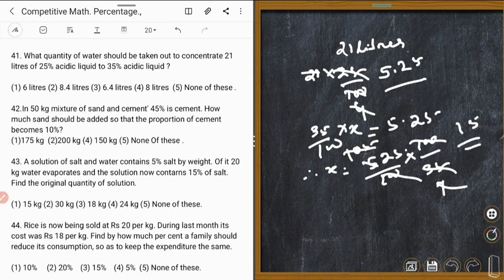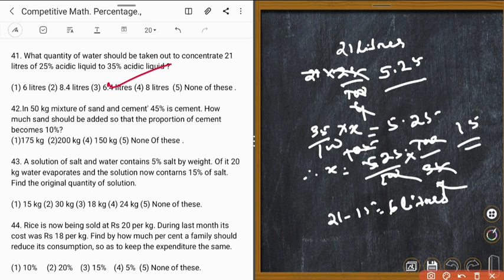So there were 21 liters and we need 15 liters. How much do we have to take out? 21 minus 15 is equal to 6 liters. Which is correct? Number 1 is correct. This is wrong, it came by mistake.